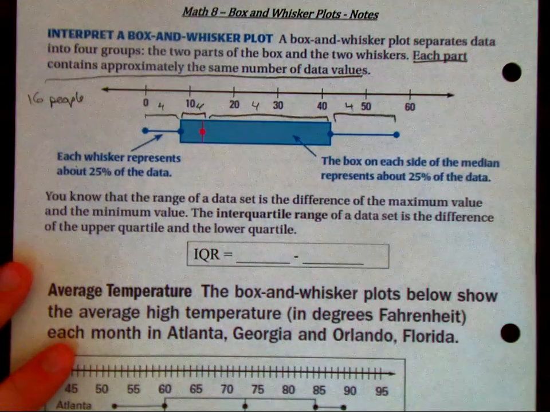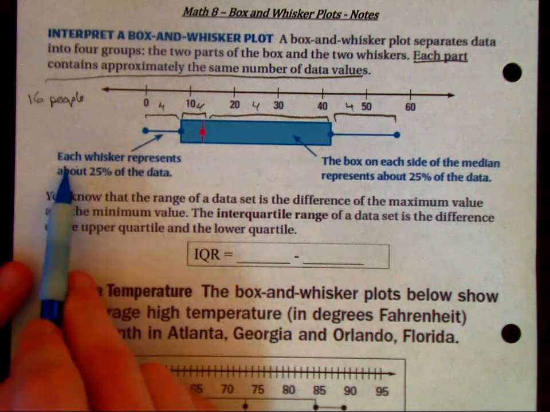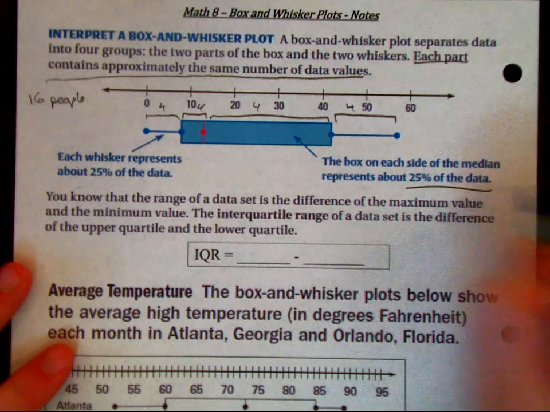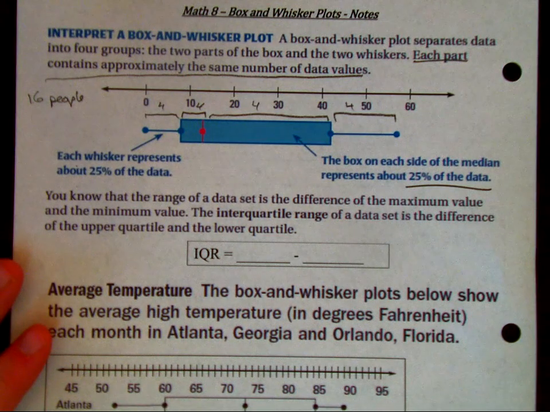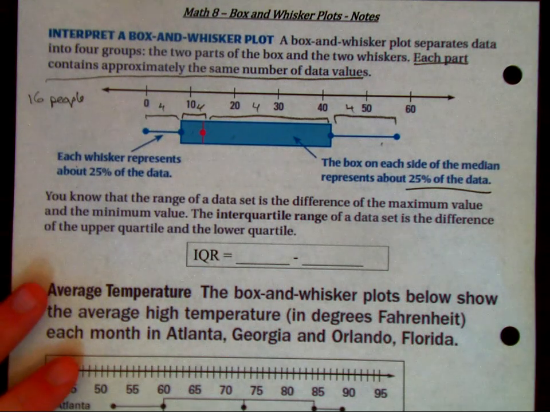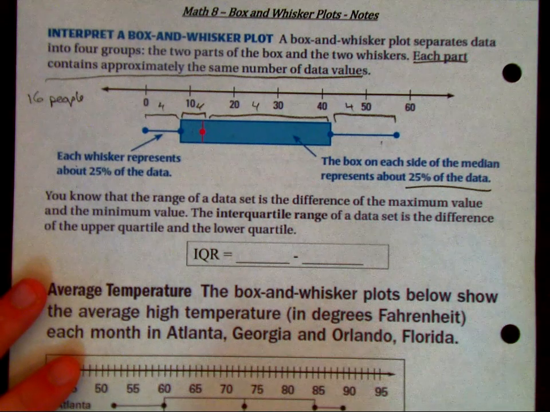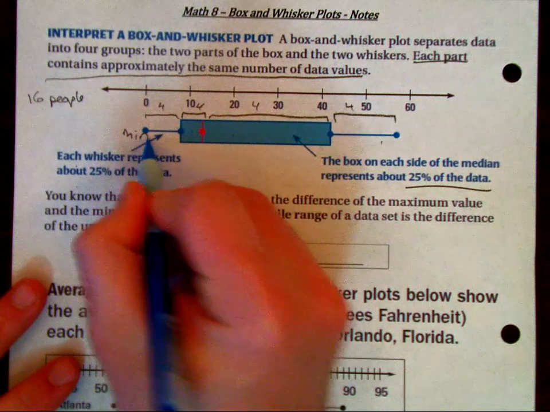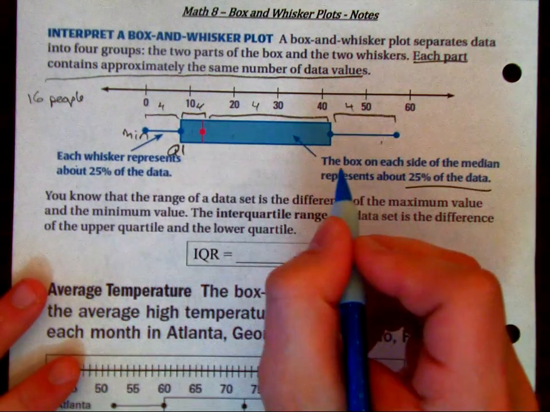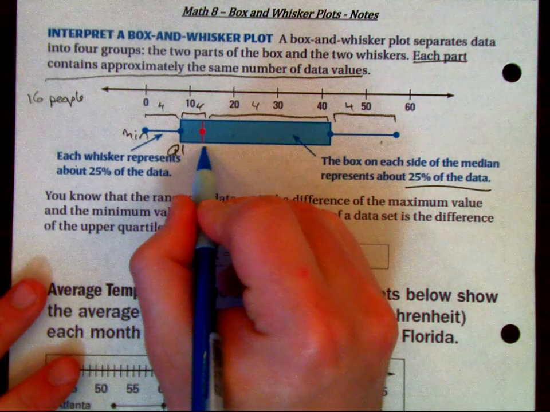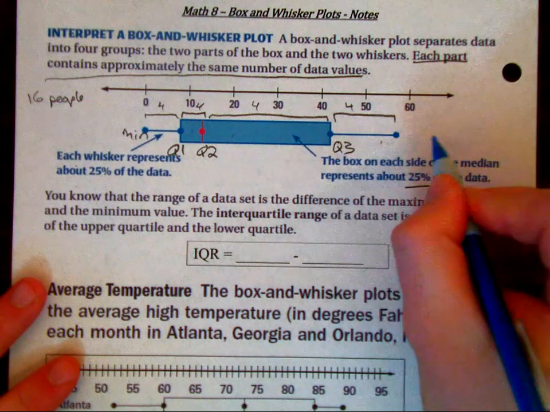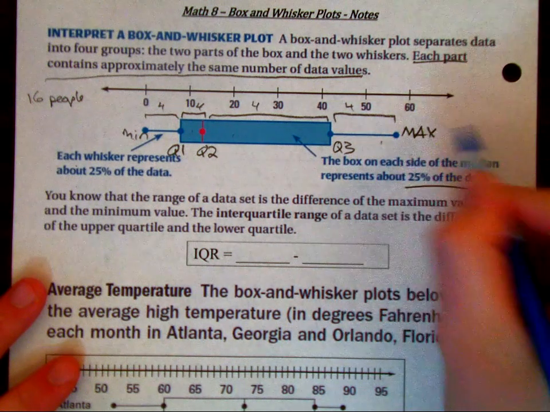Again, each section in here represents about 25% of that data. That is why we break these into 4 sections, because when you add 25% up 4 times, you will get your total of 100. So again, we have our min, our Q1, our Q2, our Q3, and our max. So it's min, Q1, Q2, Q3, max.